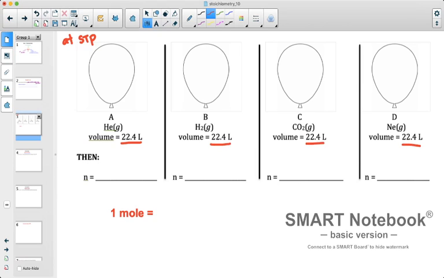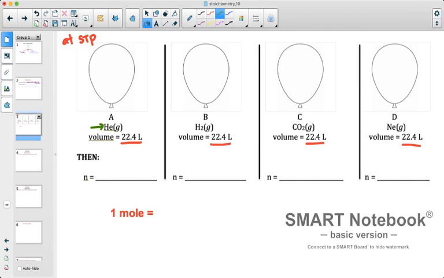Now, he noted something very important as he was observing these balloons or containers that were filled to a volume of 22.4 liters. He noticed that no matter what gas he put in there, something remained constant. He kept seeing the same thing over and over. So let's take a look at balloon A. Balloon A is filled with helium, which is a monoatomic gas.